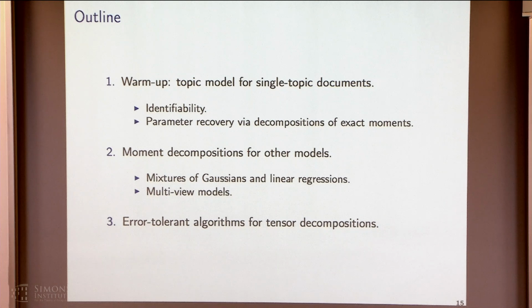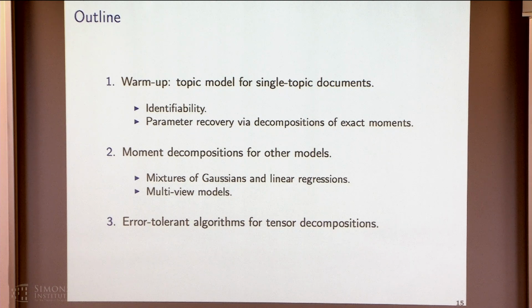Then I'll talk about some extensions of this to other kinds of models that are a little bit more interesting: various kinds of mixture models, and models that have what I'll call multi-view structure. And at the end, we'll talk about some more error-tolerant algorithms that you would actually consider using in practice.